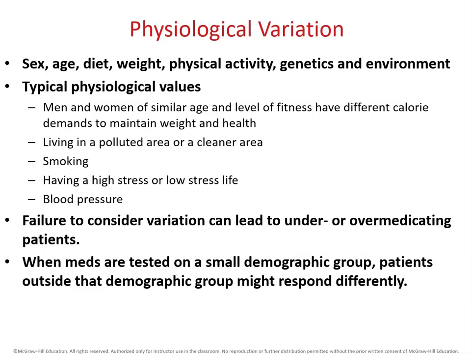You can pretty easily imagine how anyone outside of that demographic might react differently to the particular medication. So historically, medicine has, in some cases, done a poor job of getting good samples for testing medications, and it's led to some negative outcomes.